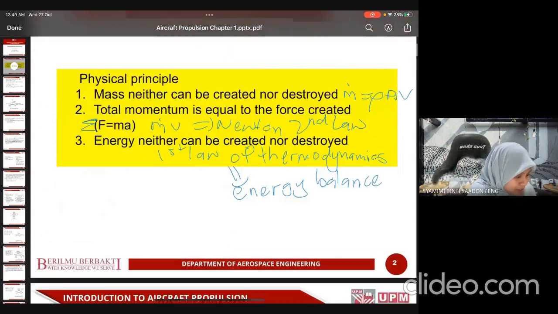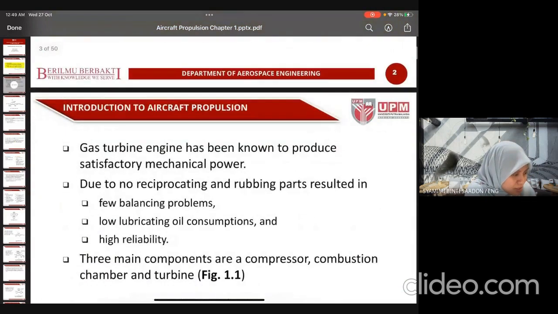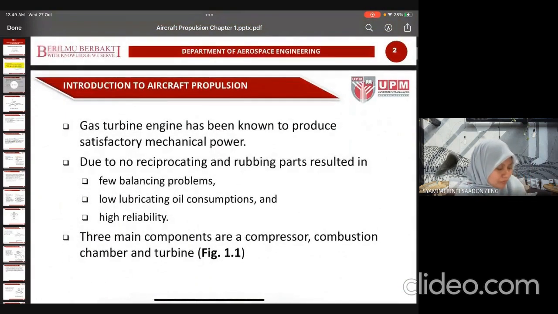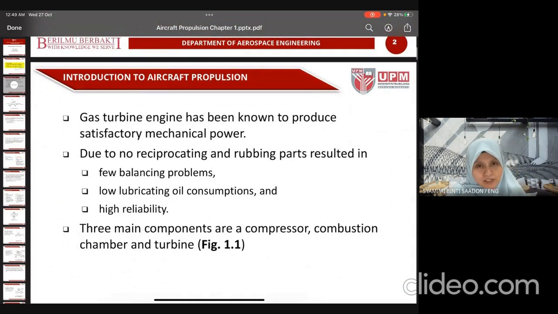Next, introduction to aircraft propulsion. The gas turbine engine has been known to produce satisfactory mechanical power. So for aircraft propulsion, we are going to apply the gas turbine engine. This gas turbine engine can be used in two types of application.